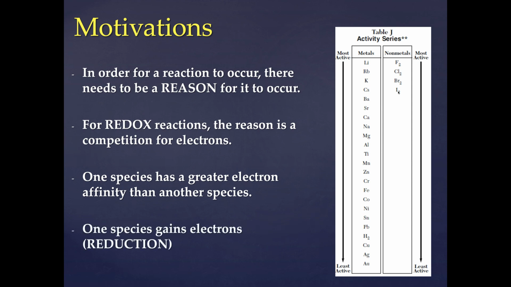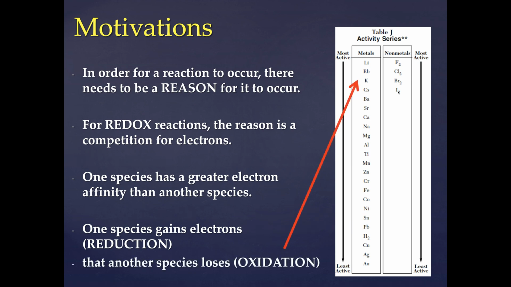So one species will gain electrons that the other species loses. So if we're going to react potassium with sodium, for example, potassium will lose electrons to sodium ions, but sodium cannot lose electrons to potassium ions.